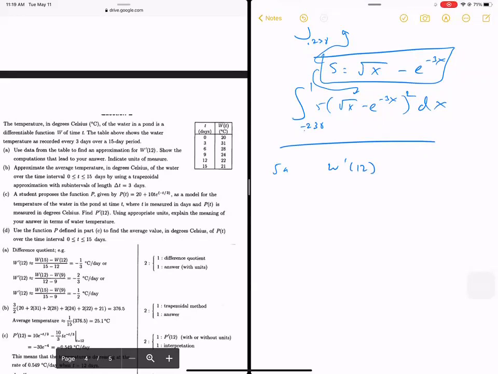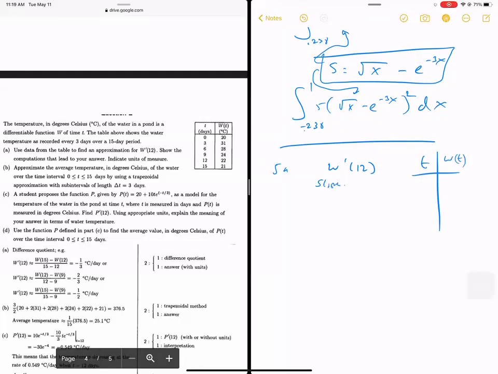Okay, what does W prime mean? That's a way of saying slope. Now there's a lot of different ways. Like if you look here on the left side, they'll take any of those answers. But the way I'm going to approximate at 12 is I'm just going to say, hey, look at my table, t and W of t. So this is another way of saying slope.